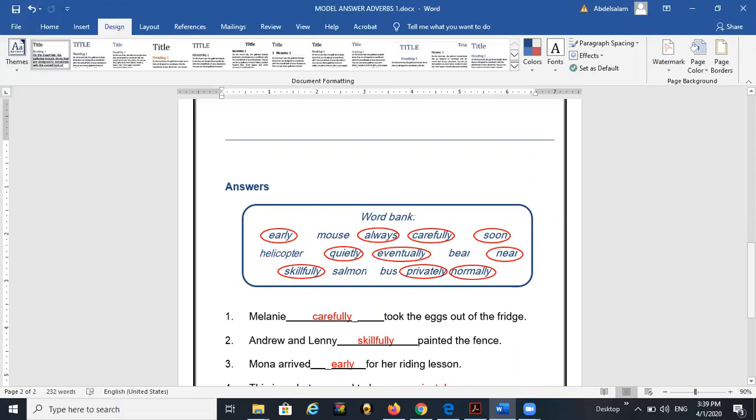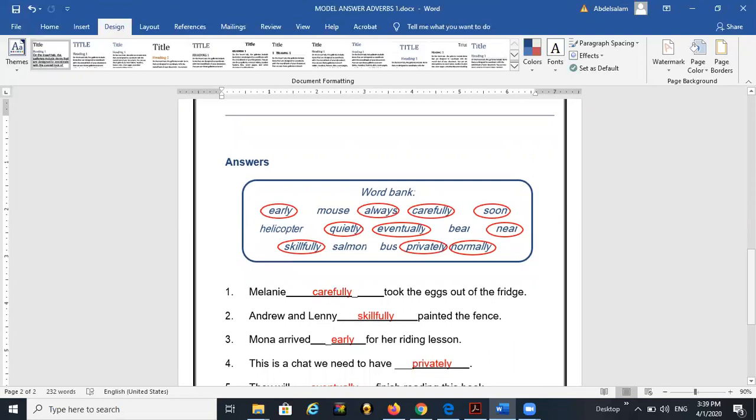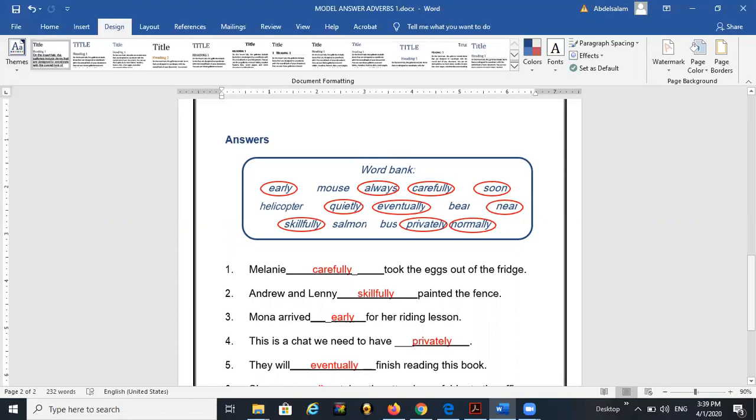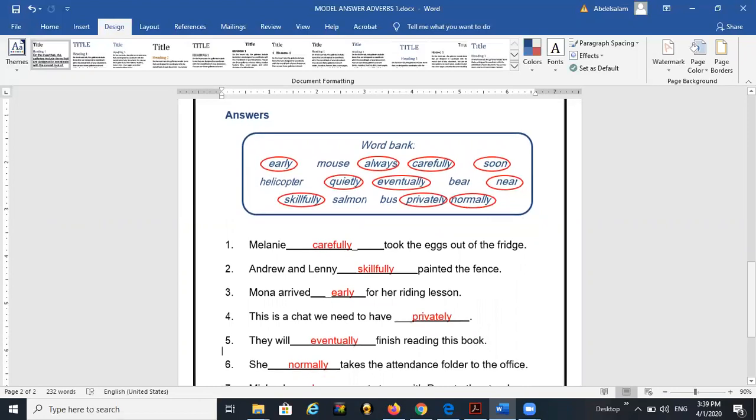Number 3, Mona arrived early for her riding lesson. Number 4, this is a chat we need to have privately. Number 5, they will eventually finish reading this book. Number 6, she normally takes the attendance order to the office.